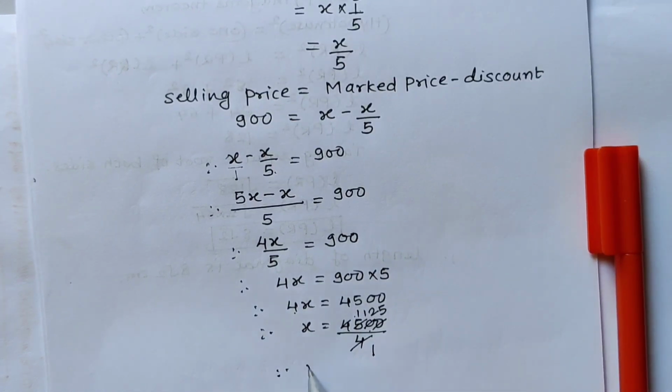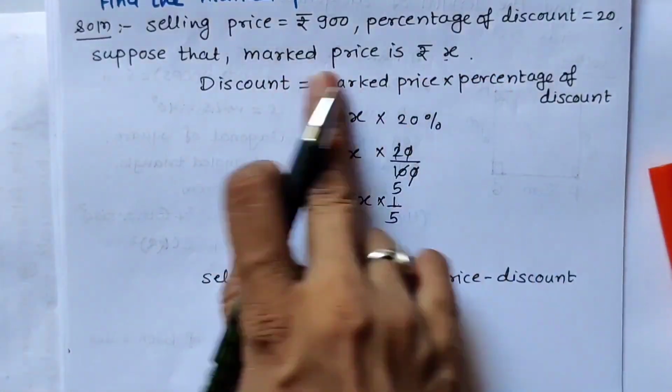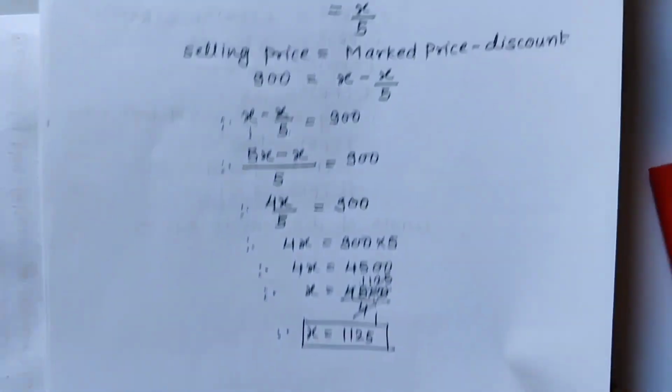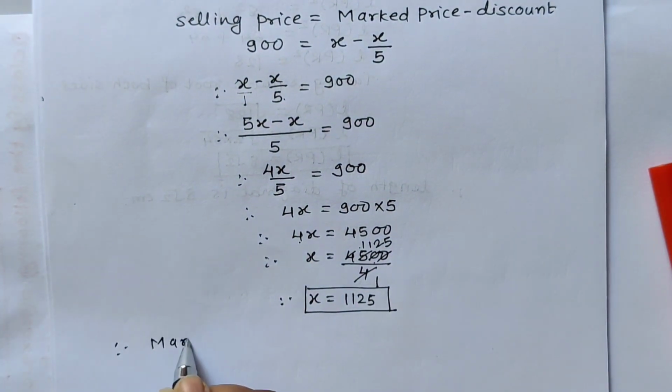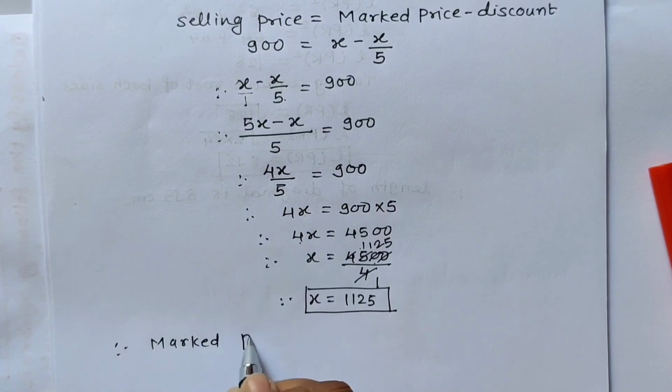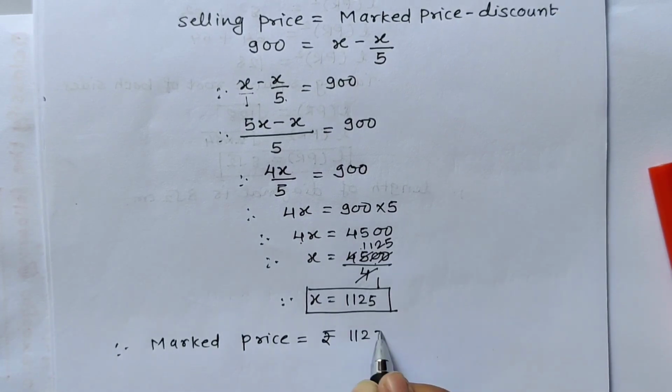So X is equal to 1125. X we have taken for marked price and therefore marked price we have got 1125. So therefore marked price is equal to rupees 1125.